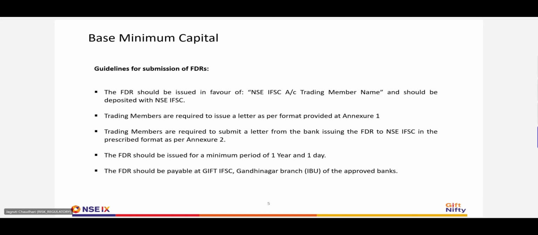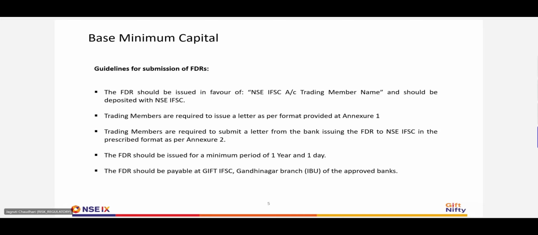You do it for 1 year and 1 day, irrespective of maturity coming on weekends or holidays. We have to see that maturities don't fall on those days because the bank has to create another FD for the maturity, and you have to have BMC deposits, otherwise we have to disable you.